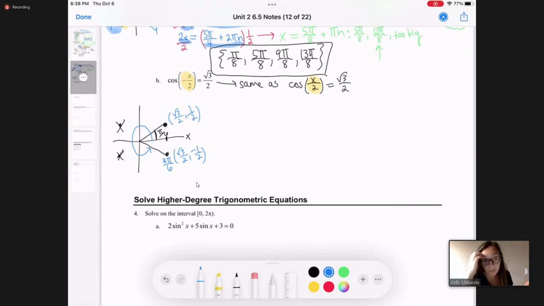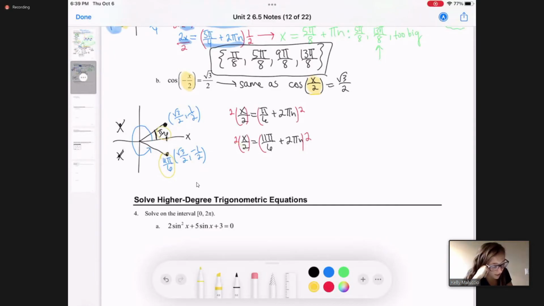So basically what I'm going to do is take my x over 2 that was in the problem, and set it equal to pi over 6 plus 2 pi n and 11 pi over 6 plus 2 pi n. Exactly what I just did before. Then to solve, this one's nice because we just multiply the whole thing by 2.